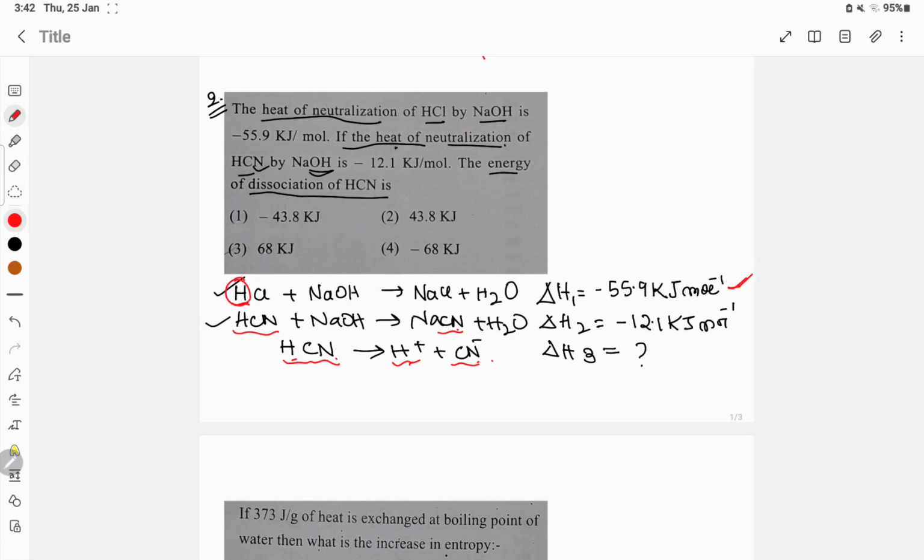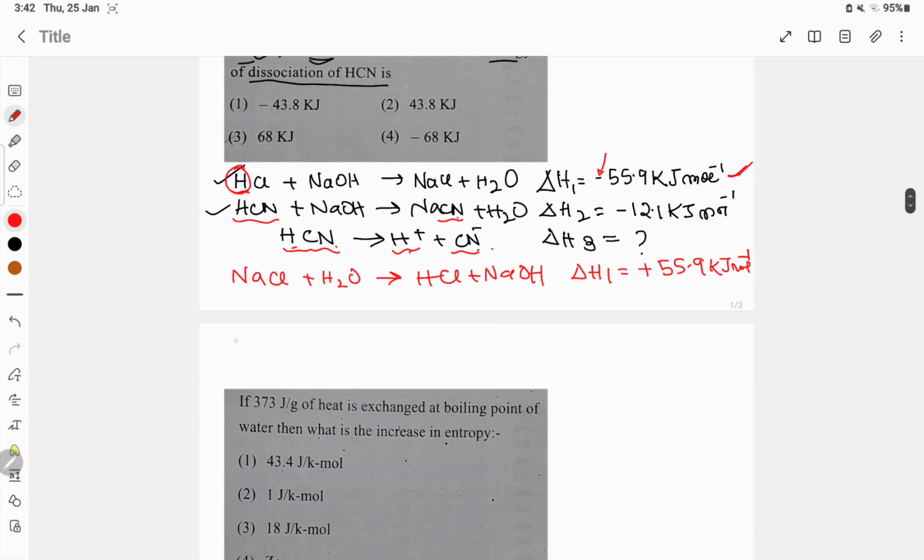Let's reverse the first equation. So let me write here NaCl plus H2O gives HCl plus NaOH. So delta H1 is equal to, when I reverse, this minus sign will change to plus, plus 55.9 kilojoule per mole.